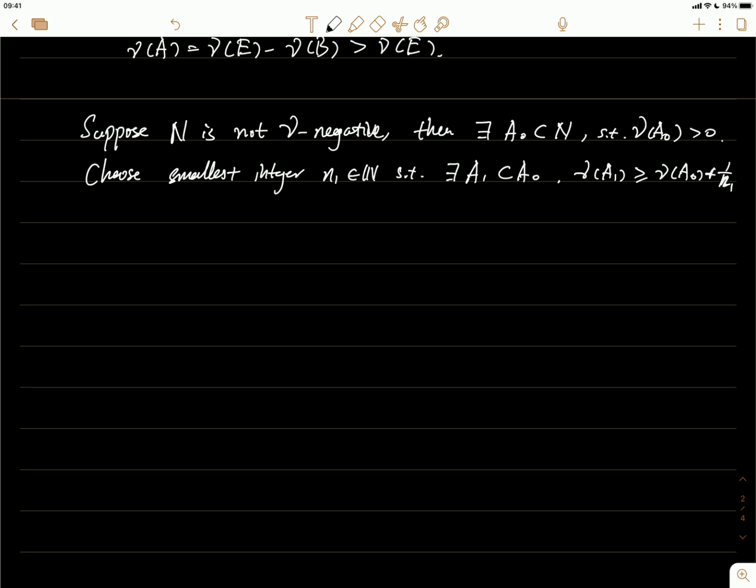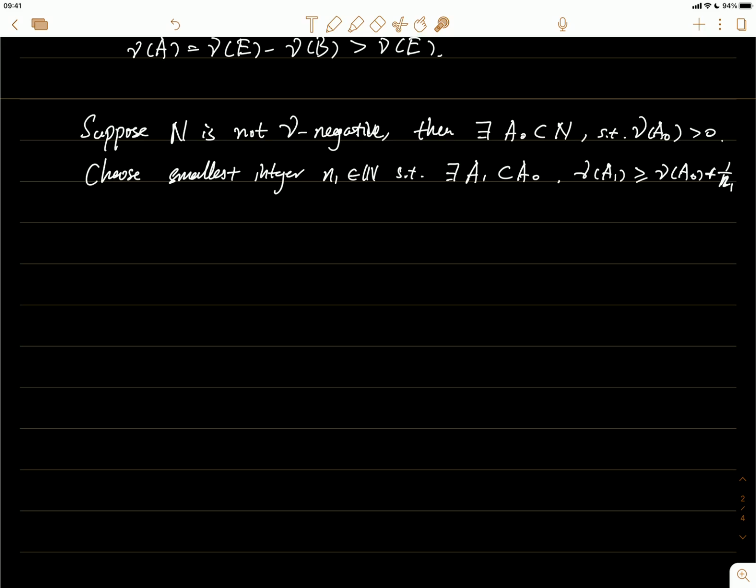It's bigger than or equal to that. So we know that we can take out some part of A0 and make the set even bigger. That leftover part is called A1. And we want to make this A1 to have a measure as large as possible.